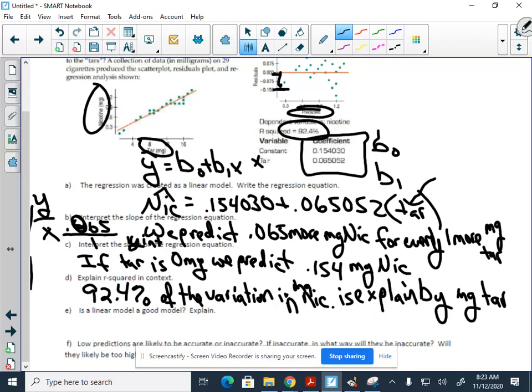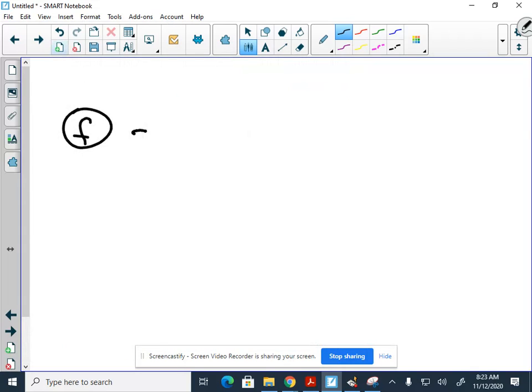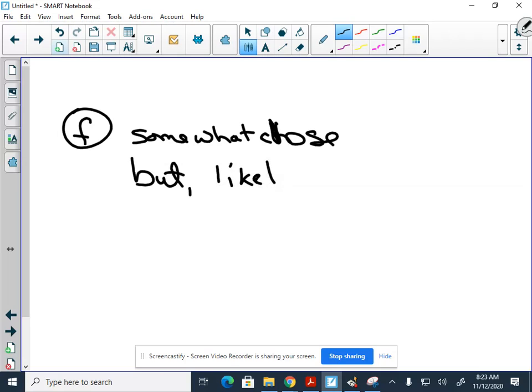I mean, 0.15 milligrams isn't necessarily that far off, but in terms of our slope, could be a little bit distant away. Like these are much closer in the middle. So I'm going to go with this one, that the low predictions are overall somewhat close. Somewhat close, that's supposed to be the word close. But overall, they're likely to be too high.